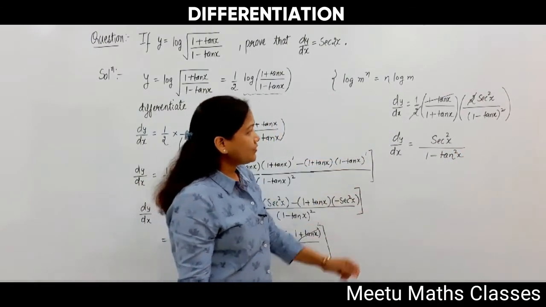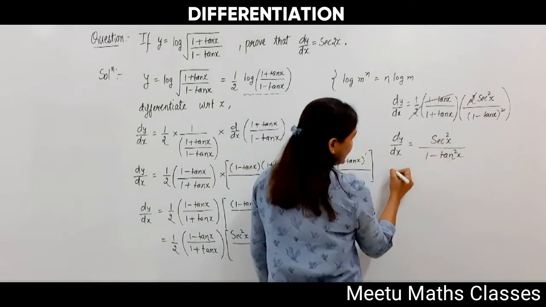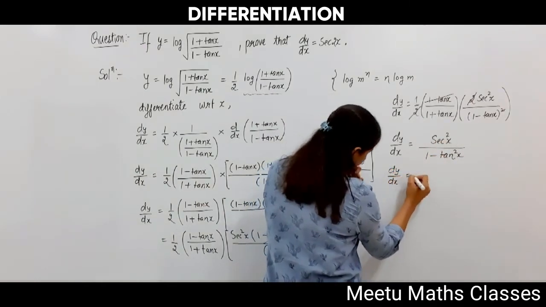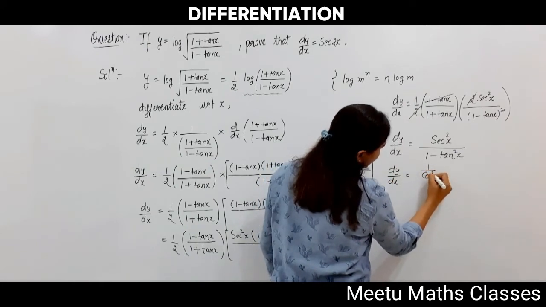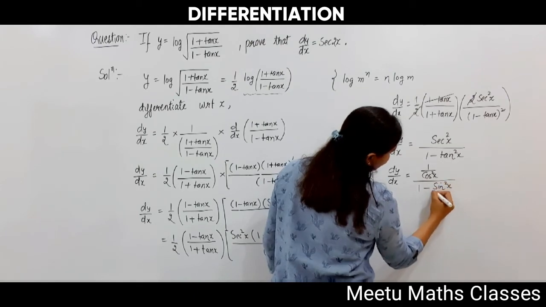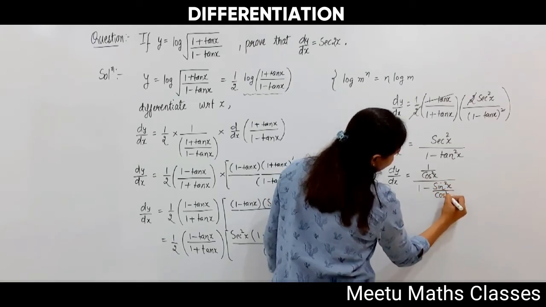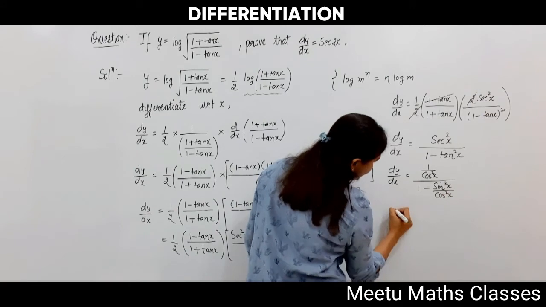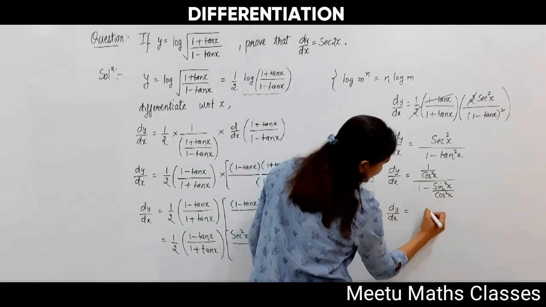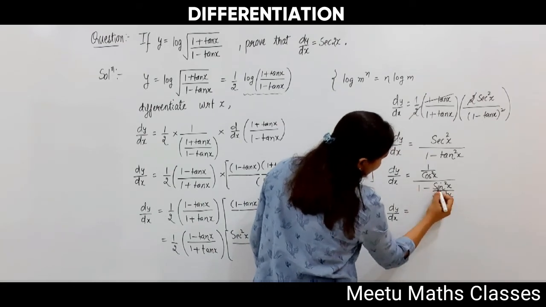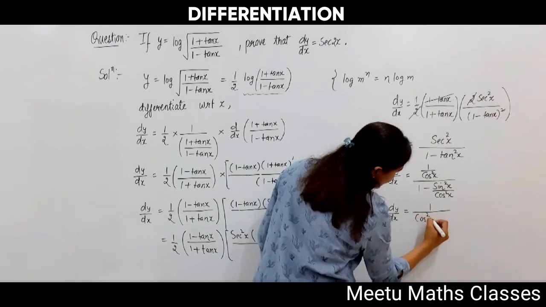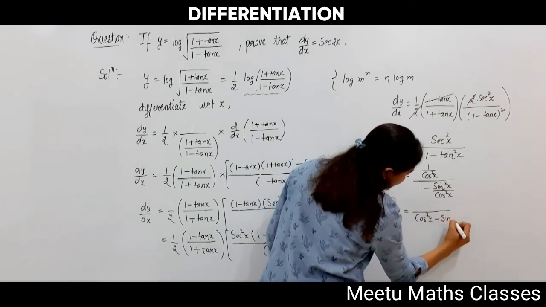Now you can change your function in sin and cos. Then you will get 1 upon cos square x upon 1 minus sin square x upon cos square x. So this will give you dy by dx is equal to, when you take the LCM it will cancel out and you are left with 1 upon cos square x minus sin square x.